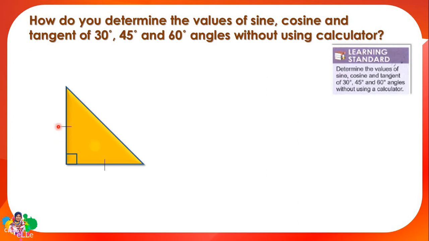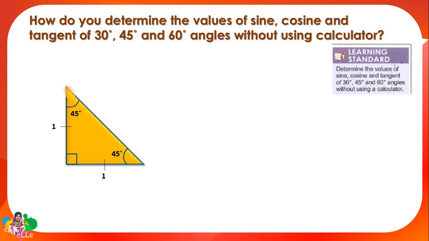These two sides have equal length, and the angles at this leg are equal. Let's say the length of this side is 1 unit and this also 1 unit. Therefore, this angle at the leg is 45 degrees.